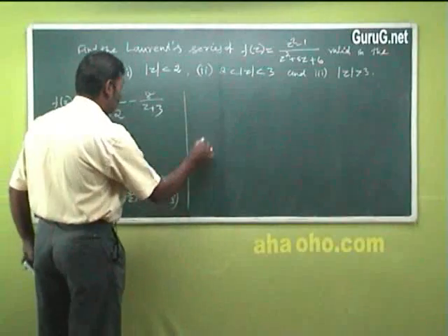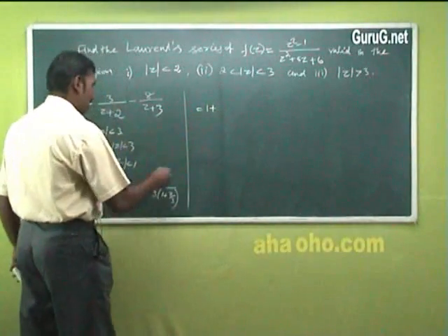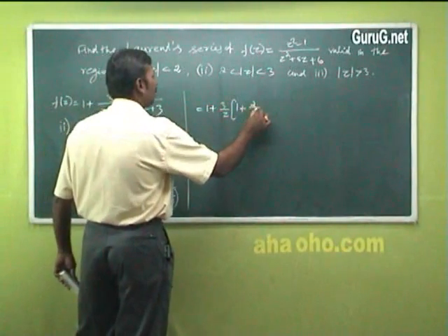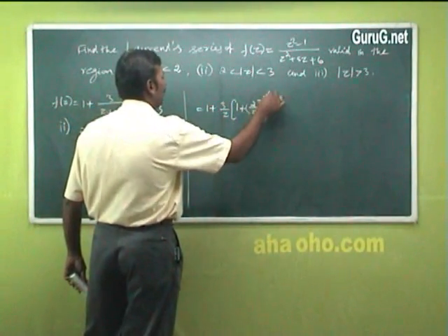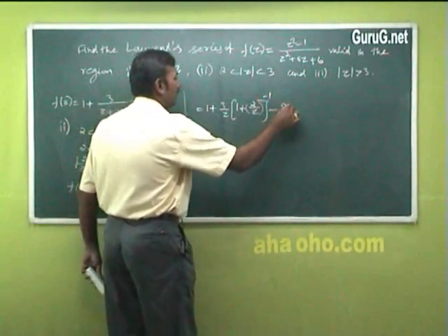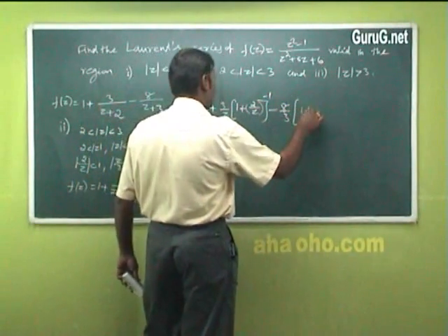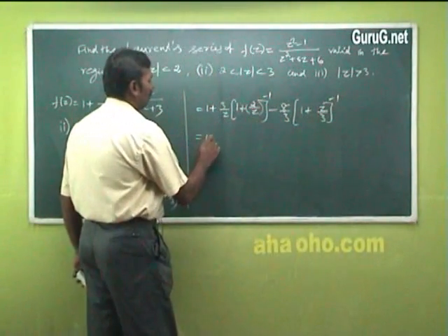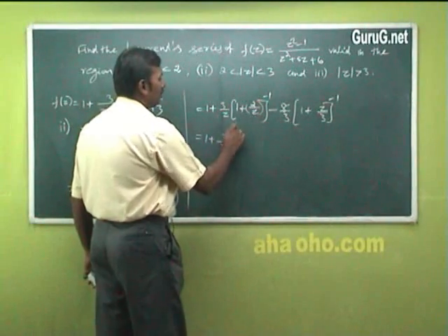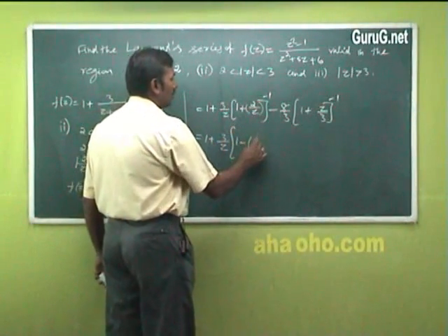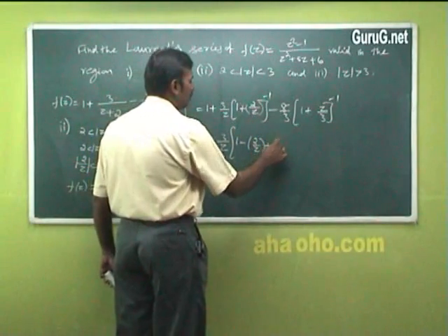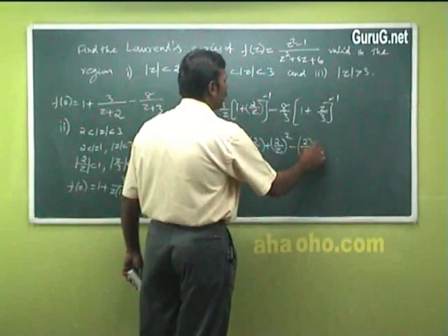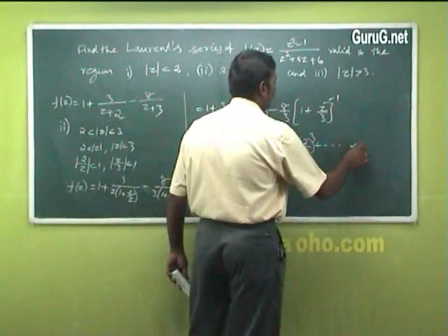So 1 plus 3 by z into 1 plus 2 by z whole to the power minus 1, minus 8 by 3 into 1 plus z by 3 whole to the power minus 1. So 1 plus 3 by z into, expand this, 1 minus 2 by z plus 2 by z the whole square minus 2 by z the whole cube plus etc. to infinity.